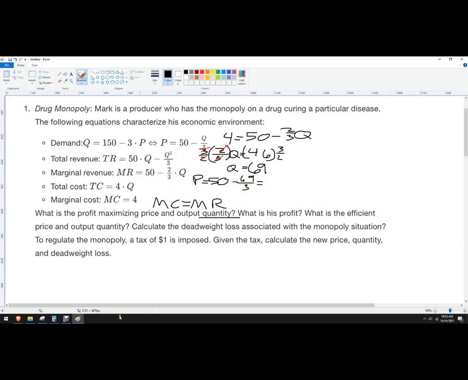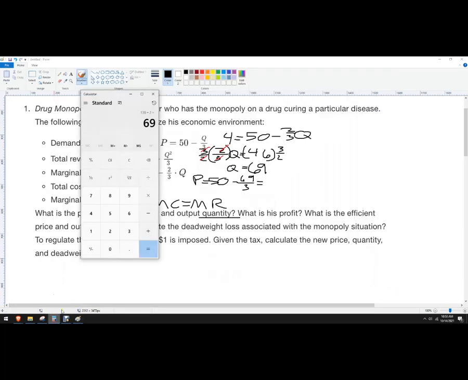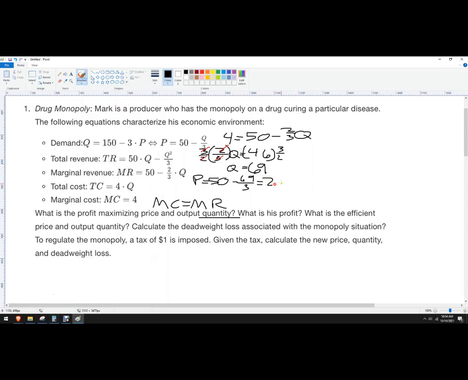And 69 divided by 3 is 23. 50 minus 23 is 27, so that's going to be our price. So profit maximizing price is 27. Quantity is 69.